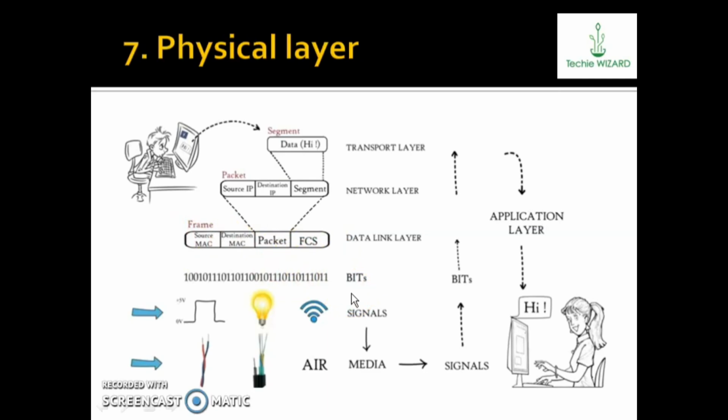In the physical layer, these bits are converted into signals to transmit to the local media. The signal created by this layer depends on the type of media used. If it is copper cable, then it may be an electric signal. If it is a fiber optic cable, then it might be a light signal, and so on.